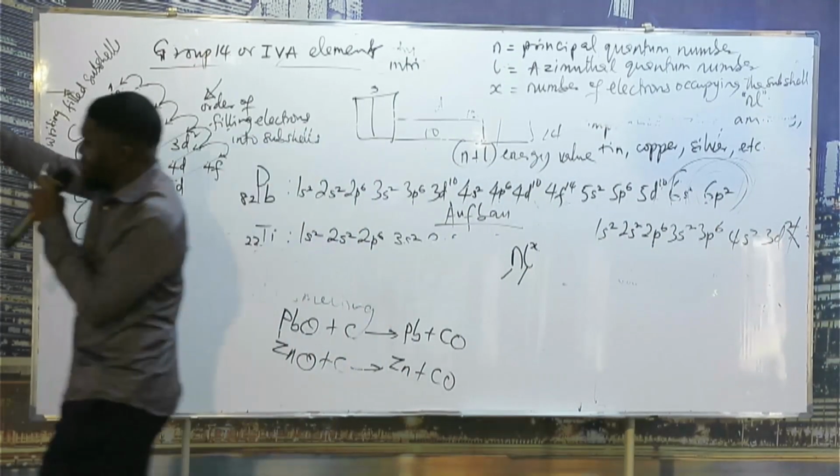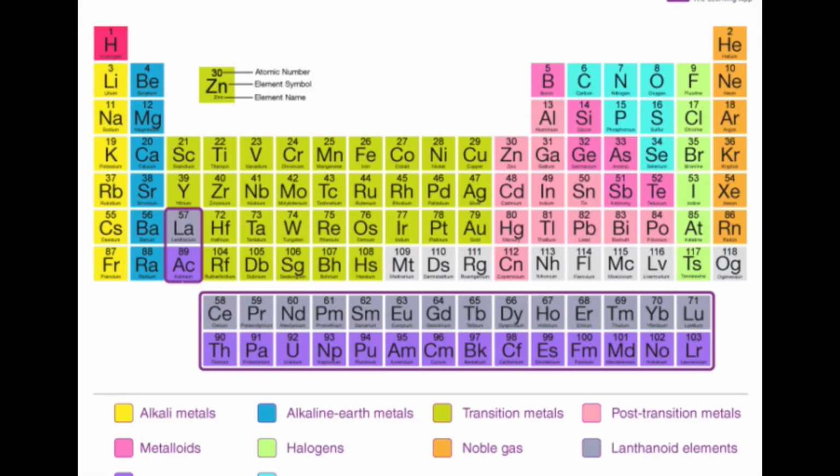Now, let's see. Can you see where lead is here? Look at it. You have group 1, group 2, 3, 4, 5, 6, 7, 8, 9, 10, 11, 12, 13, 14.